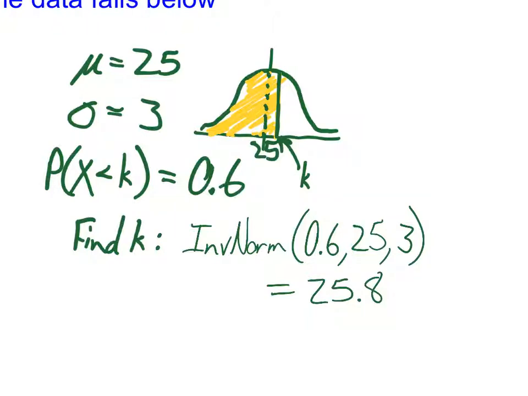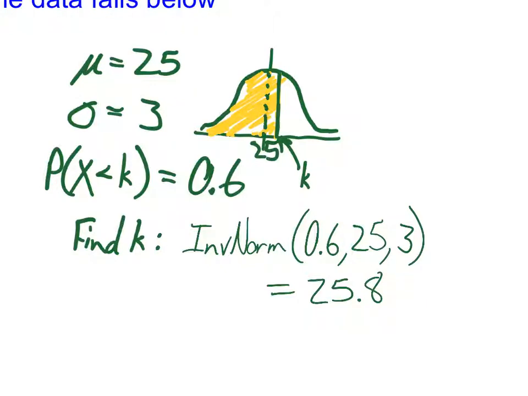Whatever this was in the situation, if I wanted the value, let's say this was the average number of cars sold by a car salesman in a month. He sold an average of 25 cars a month with a standard deviation of 3.